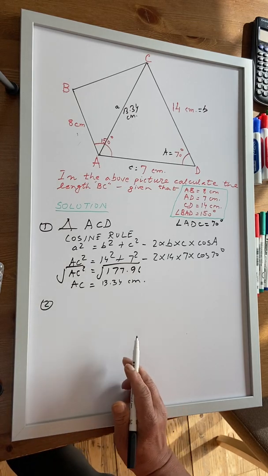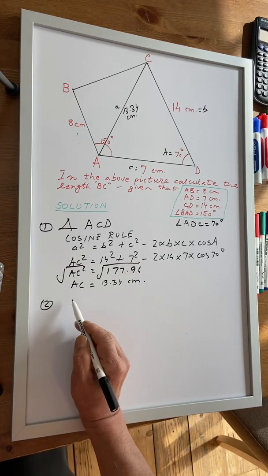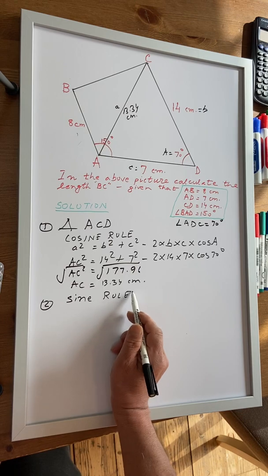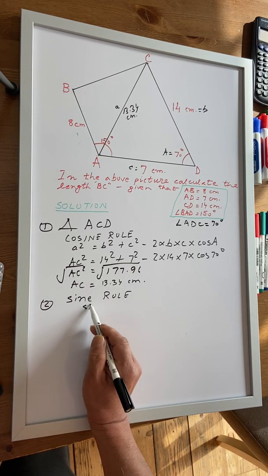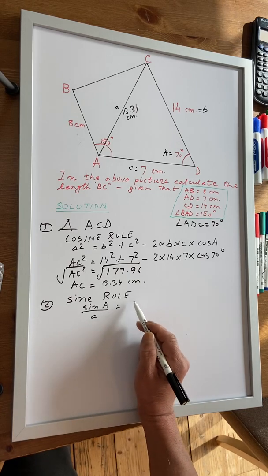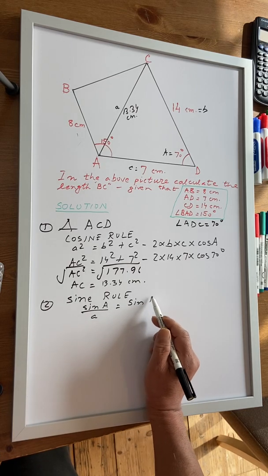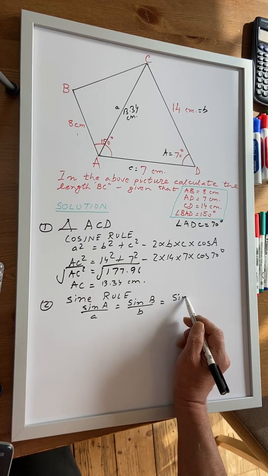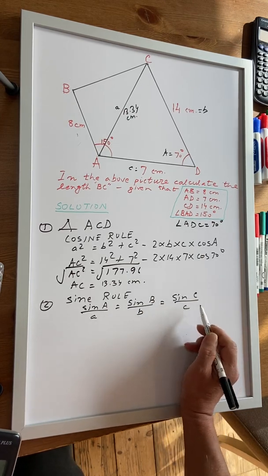In order to do step 2, we need to know our sine rule, and the sine rule states that sine A divided by a is equal to sine B upon b is equal to sine C upon c.